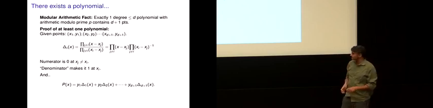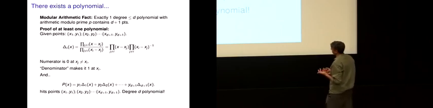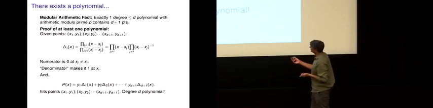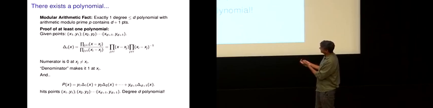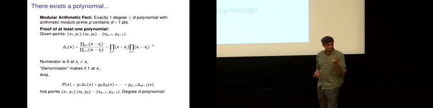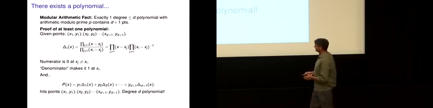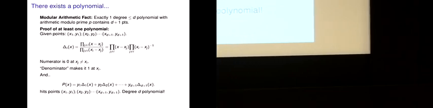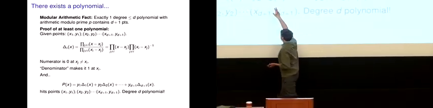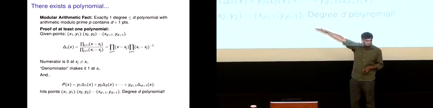Okay? And it's the degree. Now the key here is the degree, right? So the degree here is, you're multiplying together how many terms? One term for every other point. So there's d plus 1 points, so you're multiplying together d terms. Okay? So this is a degree d polynomial, and this is a degree d polynomial. Now when you add them together, what's the degree?